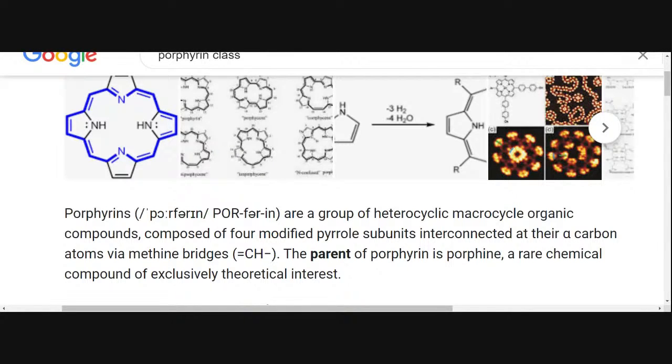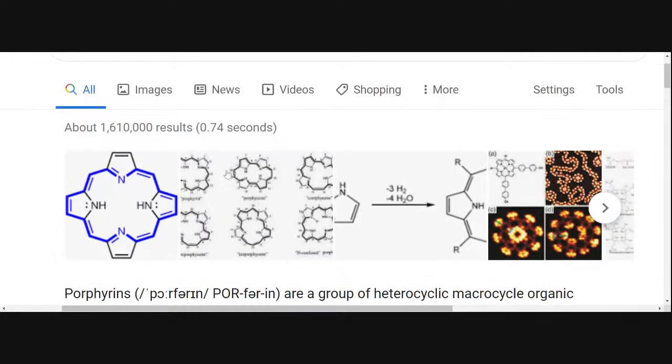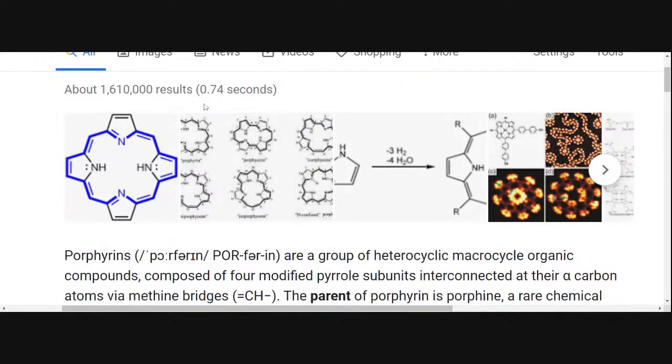It's composed of four modified pyrrole subunits interconnected at their alpha carbon atoms via methine bridges. The parent of porphyrin is porphine, a rare chemical compound of exclusively theoretical interest. I mean, they are interested in this. They don't really know about it that much, right? They're trying to learn. They don't know about it. Okay.